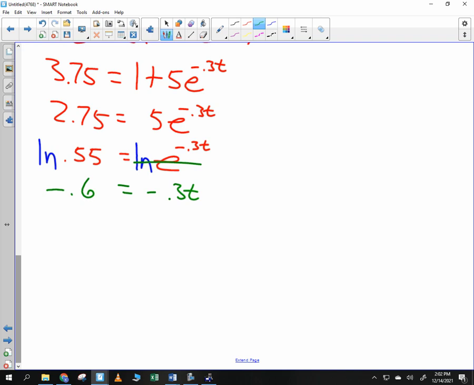I did the problem earlier, you guys. All right, I divide both sides by negative 0.3. I'm really not as smart as what I sound like, trust me. Okay, maybe I'm really smart. Okay, I told you. T is equal to 2 years.